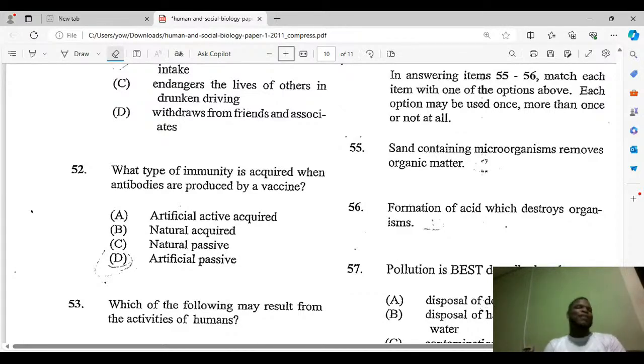I think if somebody put A and somebody put D, I don't think the person who put A can get it wrong, because artificial active and artificial passive both can cover vaccine.